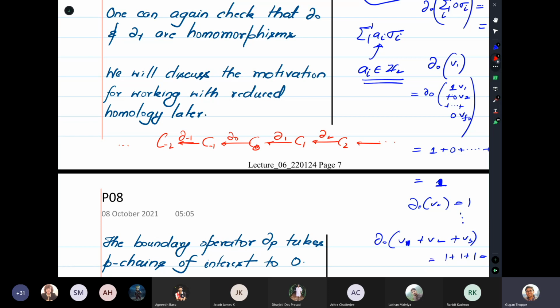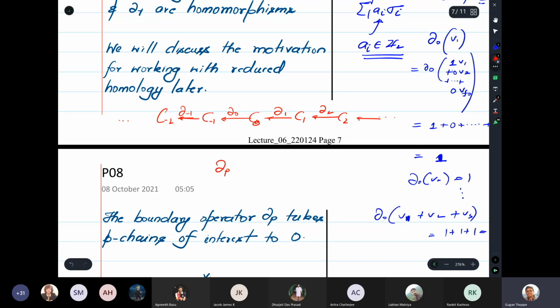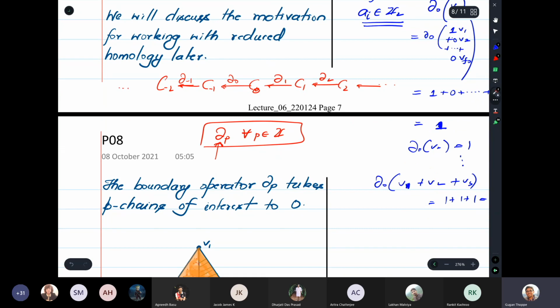We have now managed to define these boundary operators for any p. So I have finished defining ∂_p for all p in the set of integers. In some cases I verified that ∂_p indeed is a linear map. For other cases I did not, and I left it as homework. Those who wish to verify should spend some time doing so. So this is where we are right now.